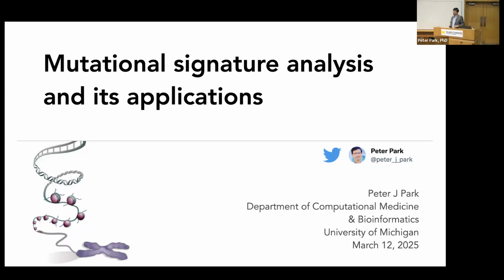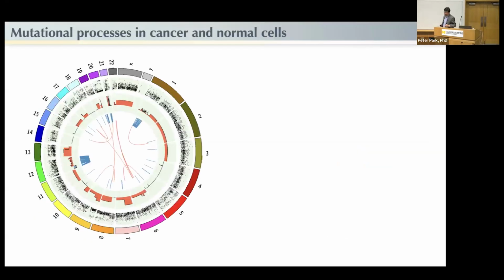All right, so I'm going to tell you about some of the things that my lab is doing. I'll talk about mutational signatures, but before I get there, I'll give you an overview of what my lab does, and the things that I won't really focus on. Then I'll give a little introduction to mutational signatures. I understand that most of you may have heard of mutational signatures, but don't know the details.